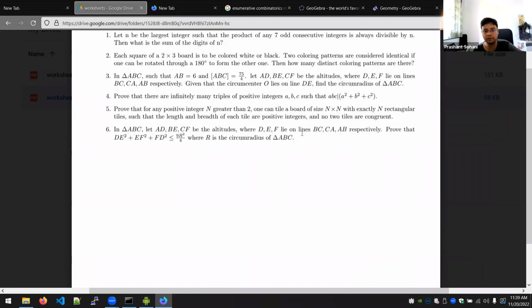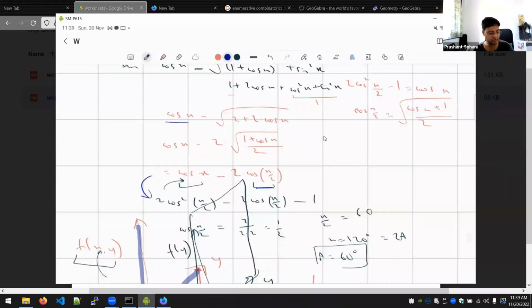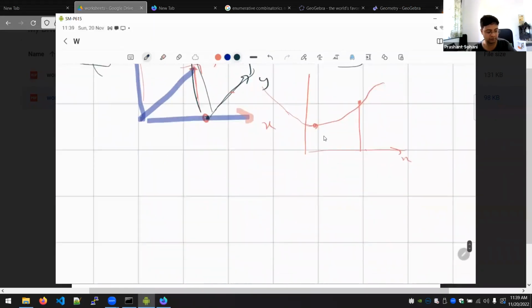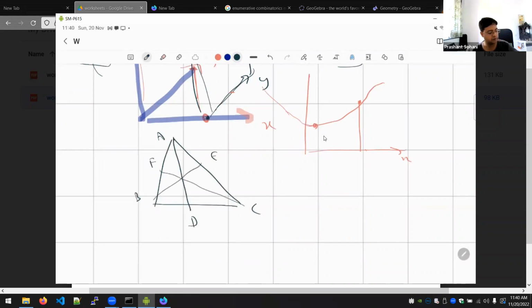Here D, E, F were chosen as the feet of the altitudes. A very interesting property which we are discovering just now. It is there in literature, but instead of taking the foot of the altitude, let's take the angle bisector. Now D square plus EF square plus FD square is less than or equal to what?